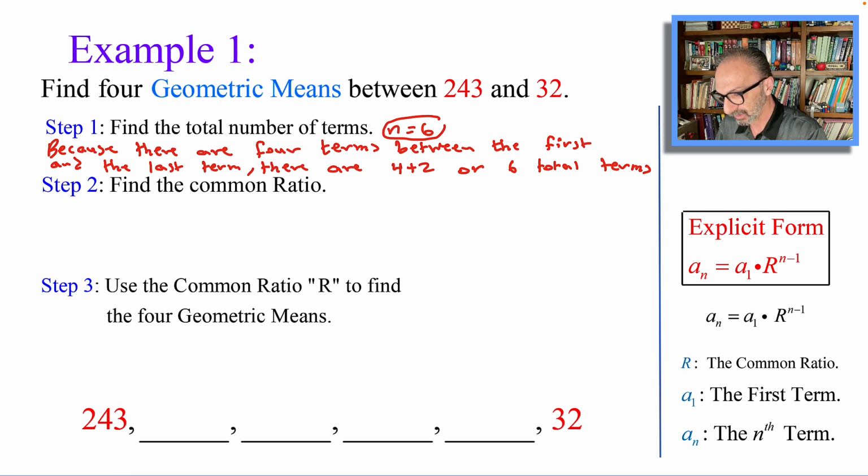Step number 2. Find the common ratio. To find the common ratio, we have a sub n, the general term, the nth term, equals a sub 1 times r to the power n minus 1. The nth term, in this case the 6th term, is 32. So let's use that as my last term. 32 equals the first term, that's 243.